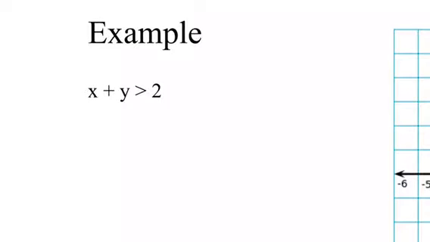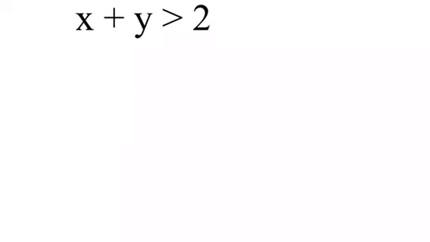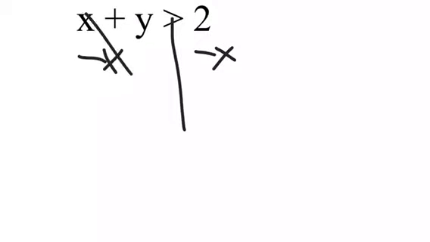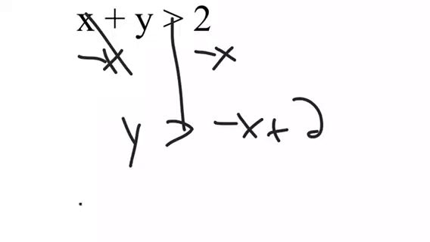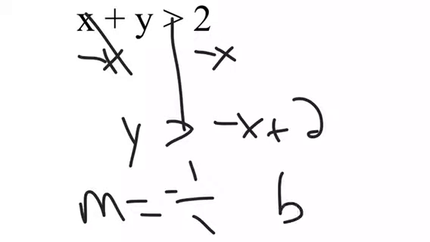Alright, so let's jump into a problem so we can see what they look like. The first thing that should jump out at you here is it's a greater than sign, so that means we're going to have a dotted line, not a solid. So we need to solve for y. To get y by itself, I'm going to subtract the x on both sides. So the x's will cancel. y is greater than -x plus 2. So that means our slope will be -1/1. Our y-intercept would be 2.